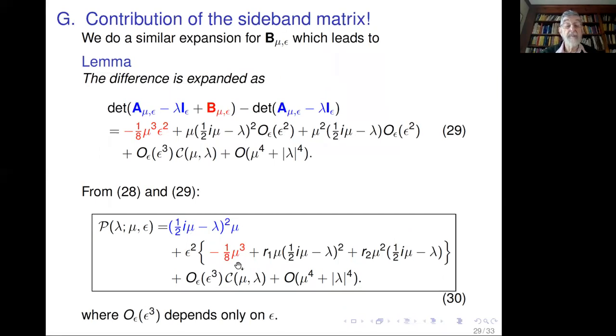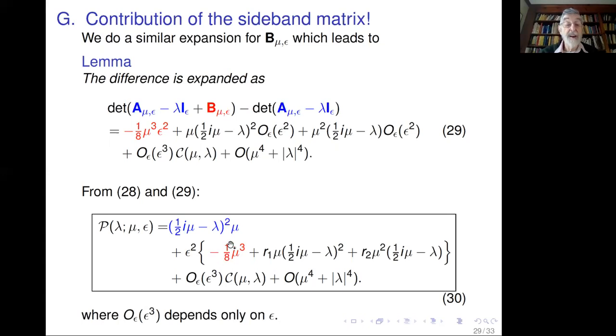It's a pretty long, detailed calculation. Remember, epsilon is small and mu is small. I'm going to show you in a moment that we can regard all these black terms as so-called error terms. It's not so obvious that these are error terms, but okay.